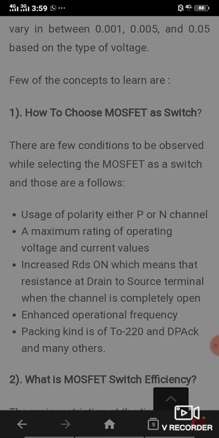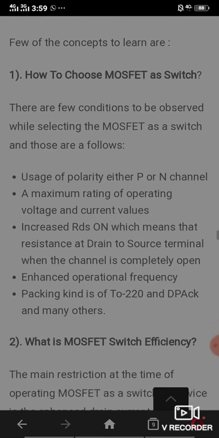The maximum rating of operating voltage and current values. Low RDS(on), which means the resistance between drain and source terminals when the channel is completely open. Higher operational frequency, and packaging kind.